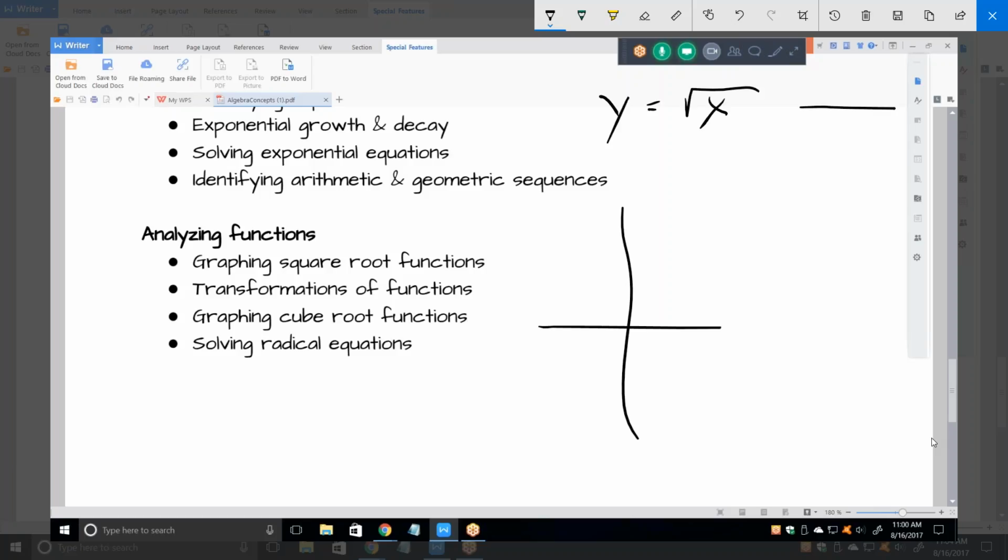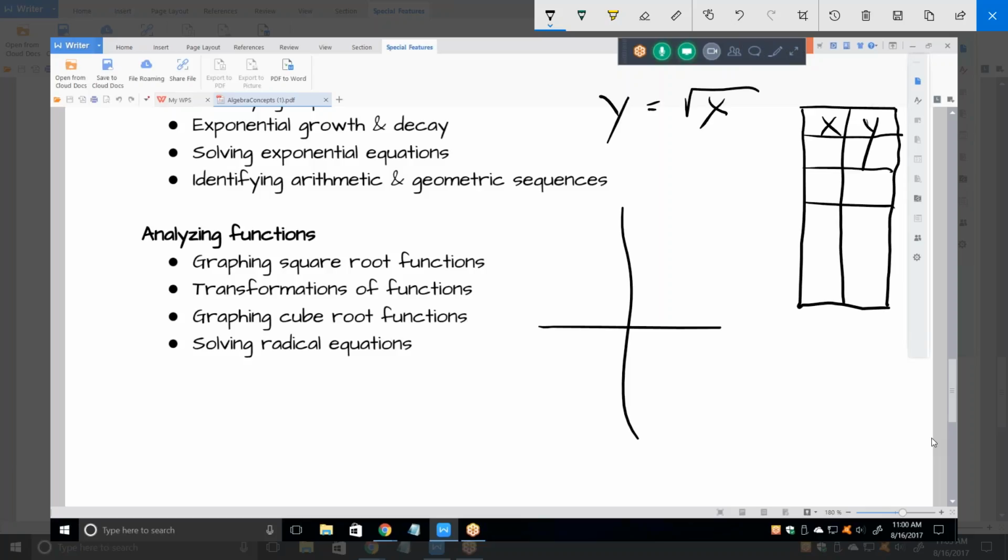Make a table, which is what you're talking about doing. Yeah. Okay. And at the top of that table, you have X and Y, always in that order. And then you need to plug in more than one number. You need to plug in a few numbers. What's a good starting spot?